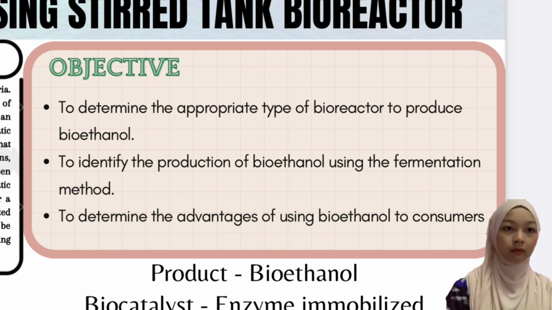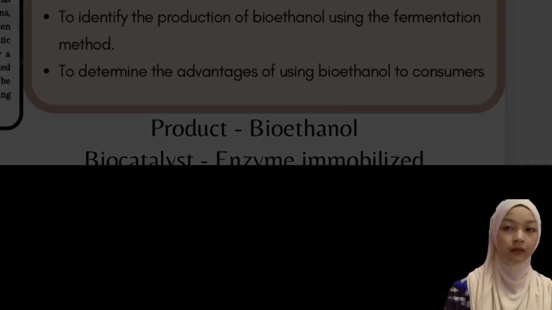First, to determine the appropriate type of bioreactor to produce bioethanol. Second, to identify the production of bioethanol using the fermentation method. And the last one is to determine the advantages of using bioethanol to consumers.